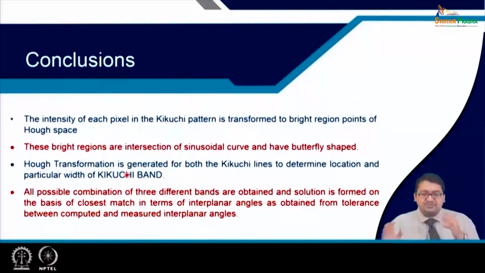The Hough transformation can be generated for both the Kikuchi lines of a certain Kikuchi band to determine the location and particular width of the Kikuchi bands, given by the Krieger relation.